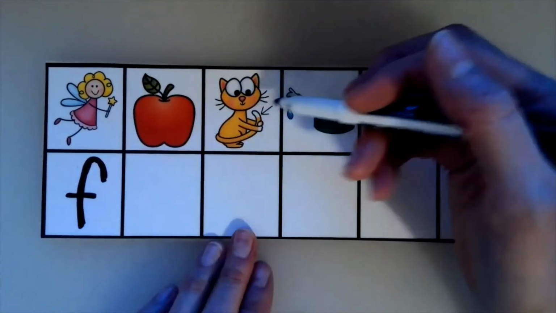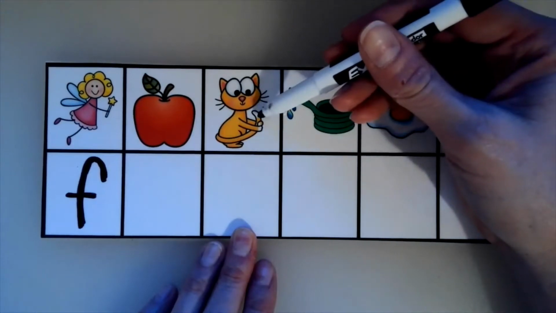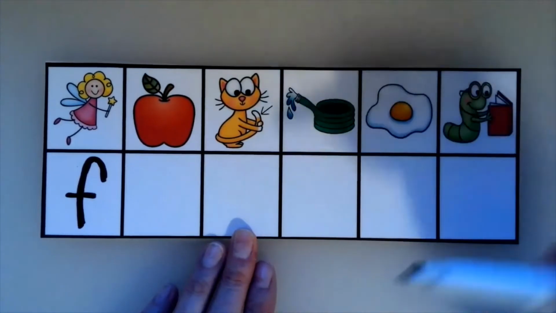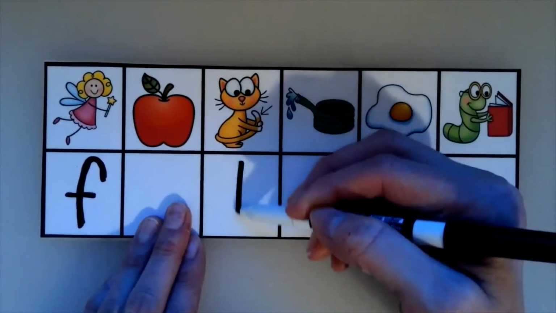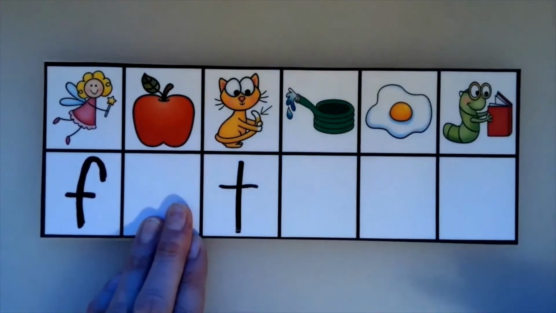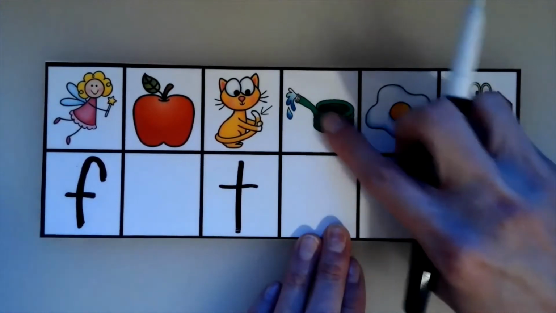I would say this is a cat, except I notice there's an arrow pointing to this part of the cat, and the cat is looking at its tail. I bet that's going to be a T for tail. I know that's a hose.